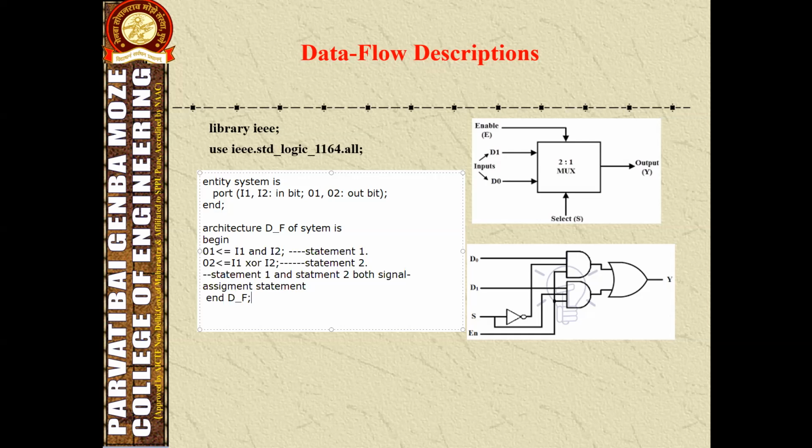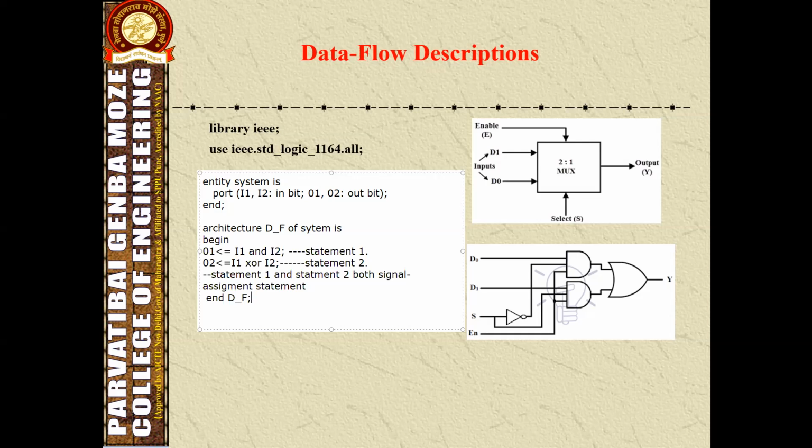So first we have to assign the entity and declare the ports: what type of ports, how many inputs and how many outputs. The entity should end with the predefined word end. Then after the entity, the architecture should be constructed, in this example by using data flow description.